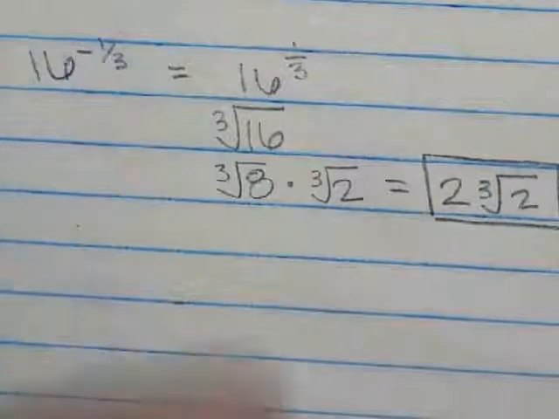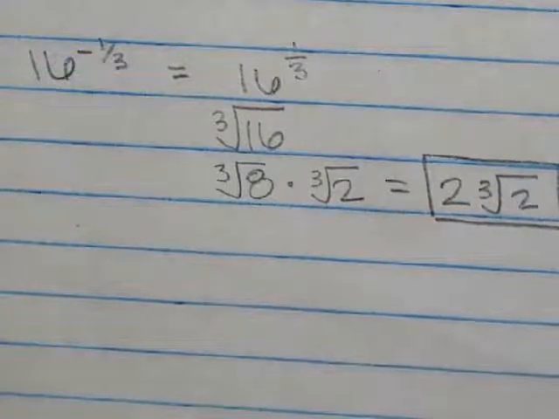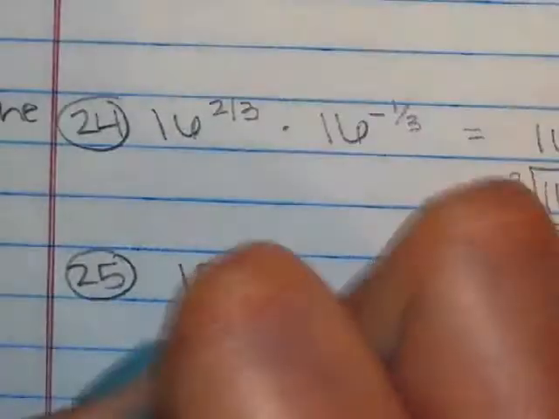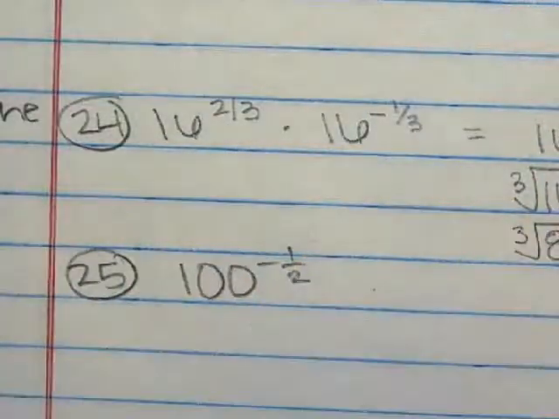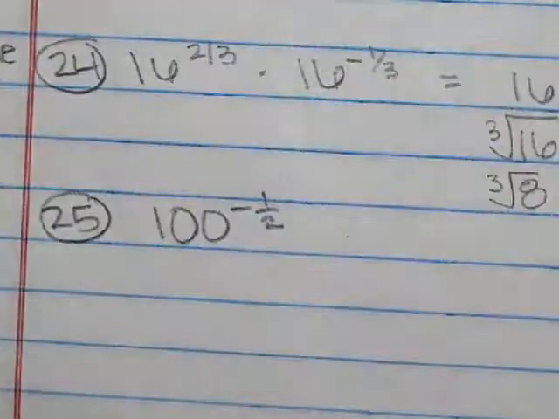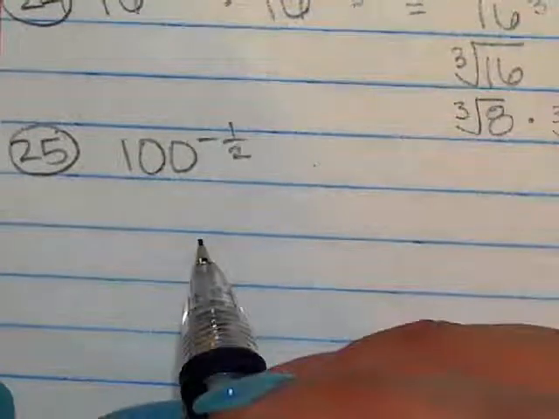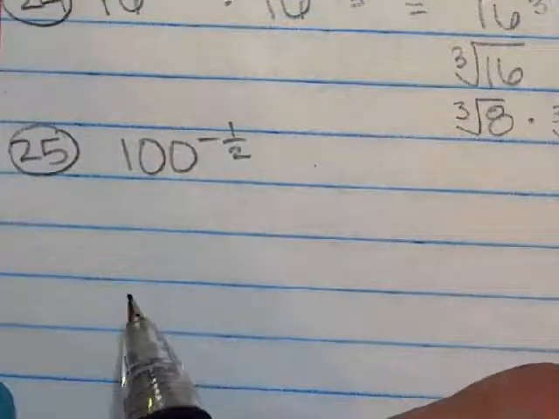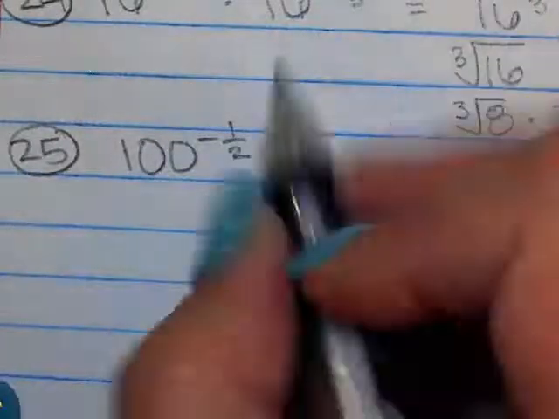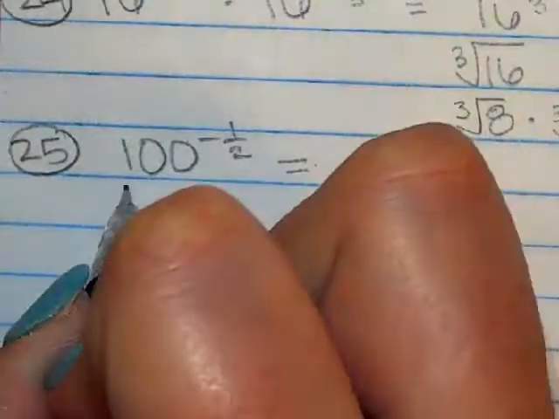Okay, we do have to have a real negative exponent though. What's 100 to the negative 1/2? You're kind of close, but not quite. So what do we do with negative exponents? You turn the whole problem into a fraction. So this is kind of like it's over a positive 1. So how do we rewrite the problem? You take this and you move it to the opposite side of the fraction.